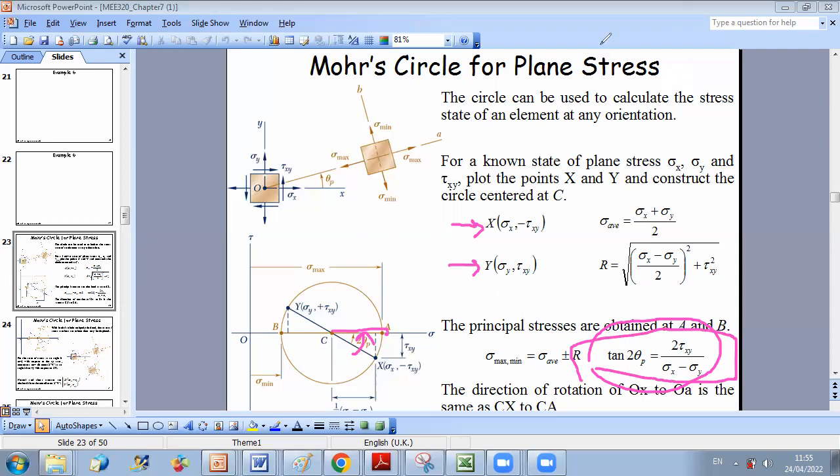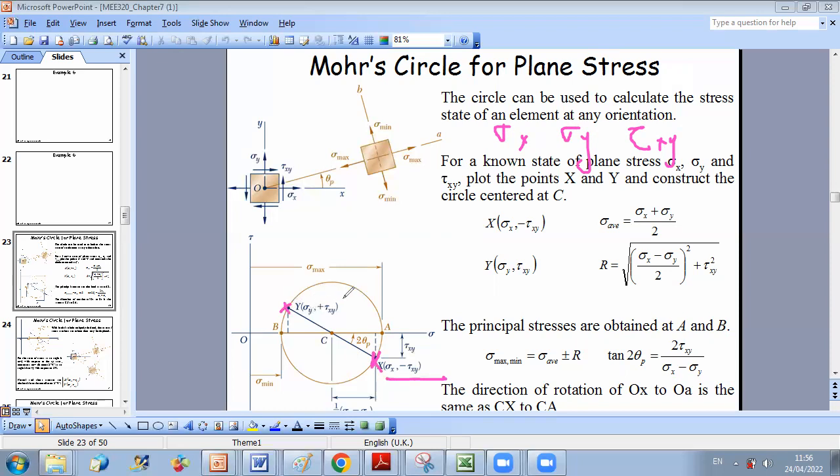So the rule will be: once I determine the state of stress, sigma x, sigma y, tau xy, I can represent the Mohr circle by just putting 2 points, X of coordinate sigma x minus tau xy, and point Y, corresponding to the Y orientation, of coordinate sigma y plus tau xy. I relate the 2 points. The intersection with the sigma axis will give me the center.